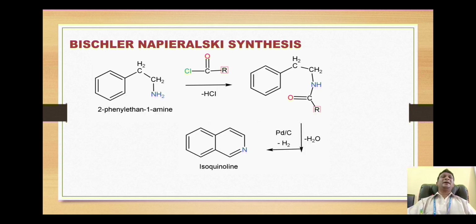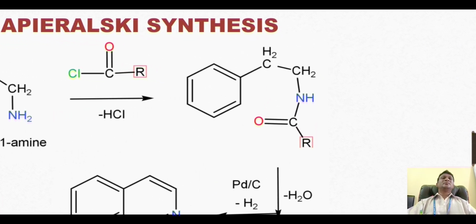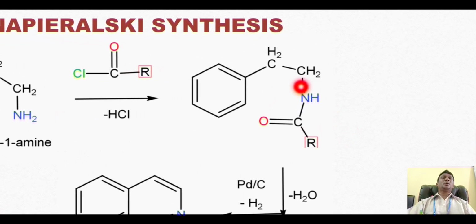This amide, if you look at this structure, this nitrogen which is alpha to this carbonyl carbon bears the hydrogen. So this hydrogen may move on to this oxygen so that it will be converted to OH, and the double bond is generated between carbon and this nitrogen to form enol. So it is very famous keto-enol tautomerism.